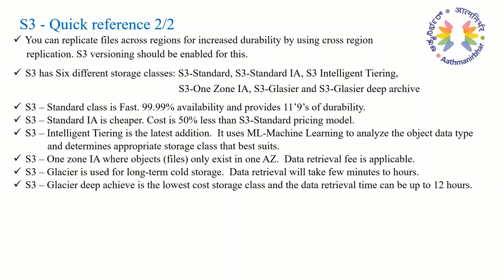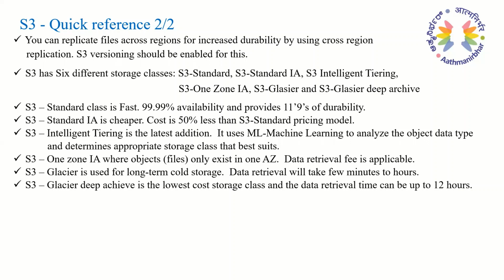S3 has 6 different storage classes. This we learned today: S3 Standard, S3 Standard IA, S3 Intelligent-Tiering, S3 One Zone infrequent access, S3 Glacier, S3 Glacier Deep Archive.